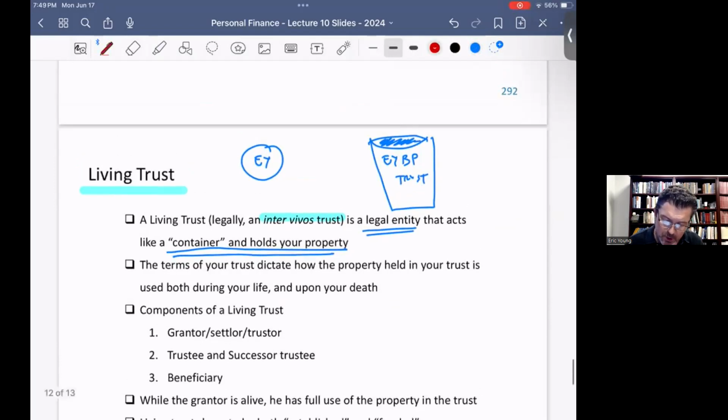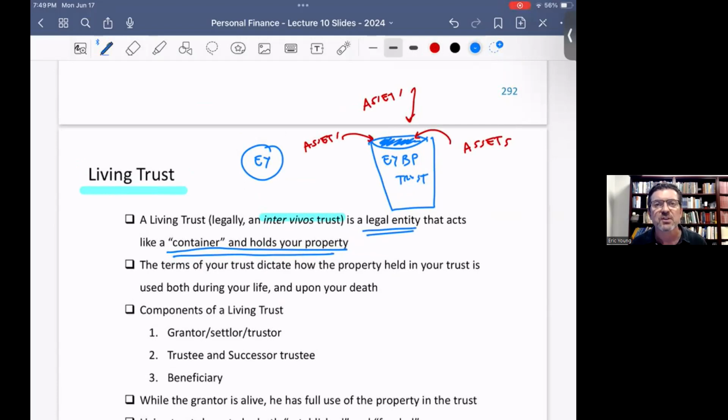Critically, what you do is you transfer all your assets, your retirement assets, your bank accounts, your cars, all of your assets, you transfer to your living trust.